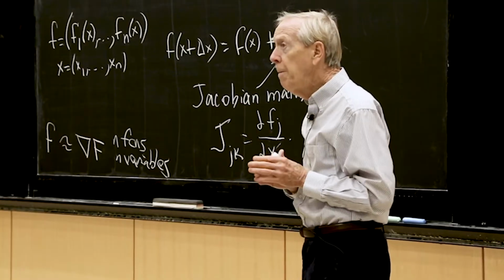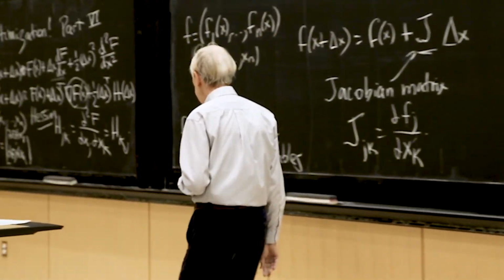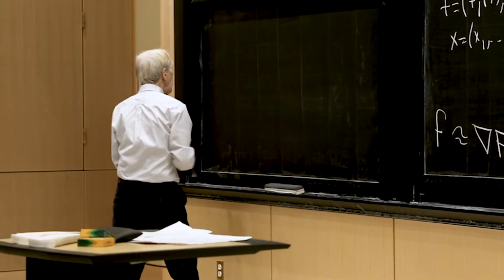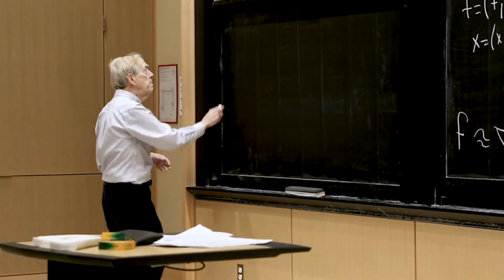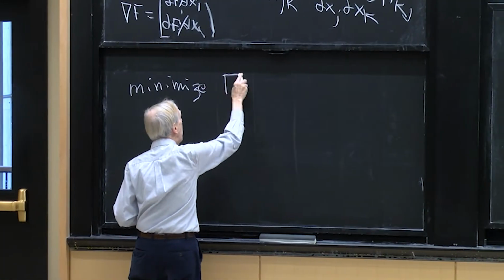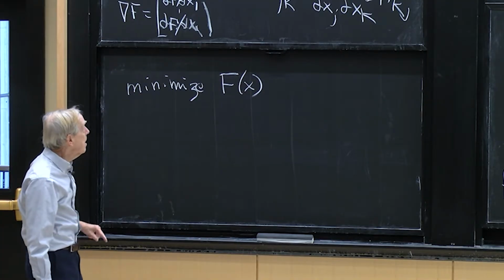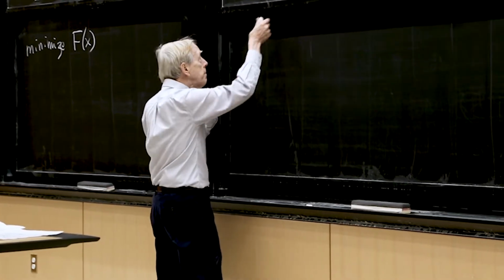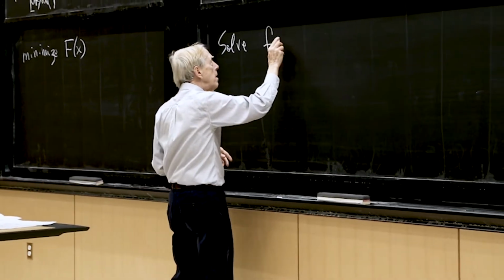So that's the background. Now I want to look at optimization. Over here, I want to minimize f of x, and I'll be in the vector case here. And over here, I want to solve f equals 0.